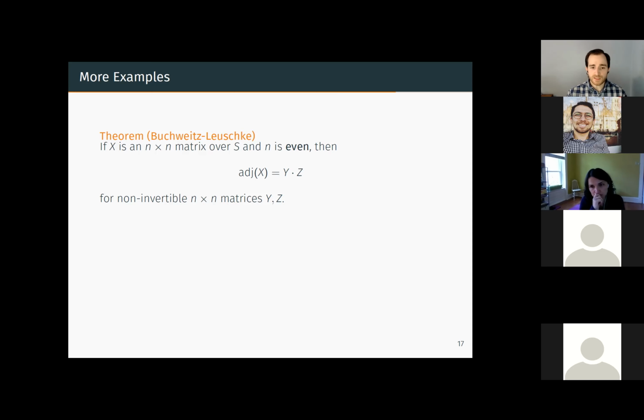And so what this gives us is a triple factorization of the determinant of x. We should assume it's non-zero in the first place, but this is the idea.